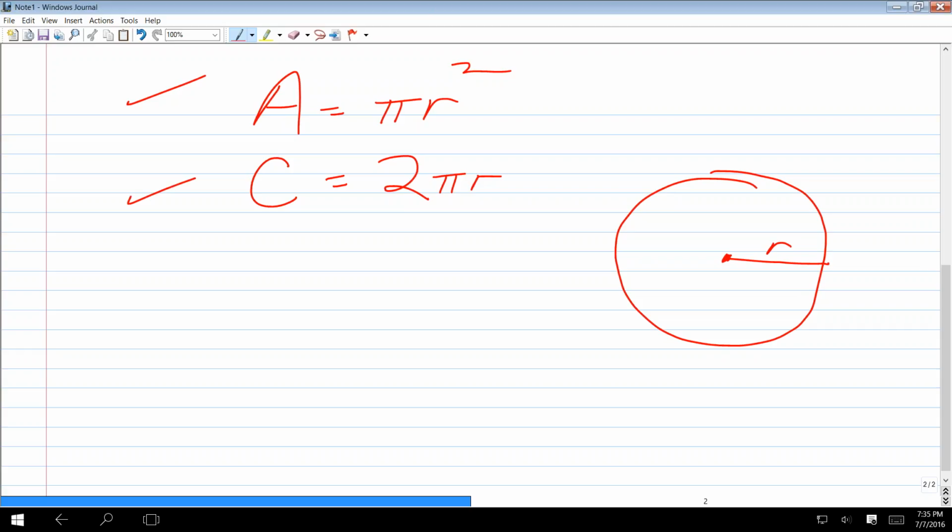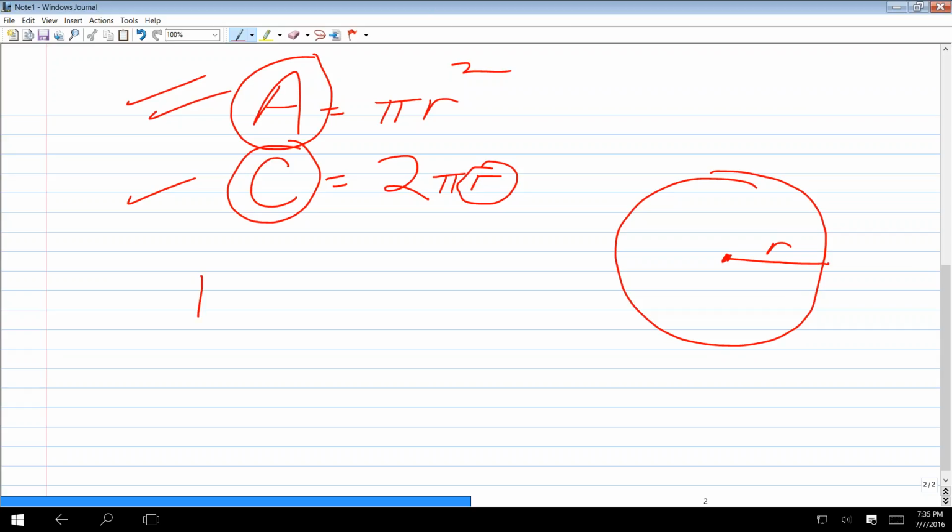Which means that if you know the area, you know the radius, which means you know the circumference. So there's three variables here: the area, the circumference, and the radius. If you know any of those three, you can figure out the other two.